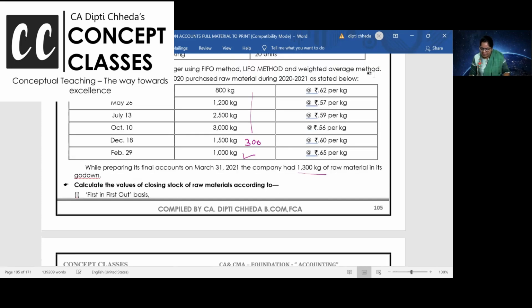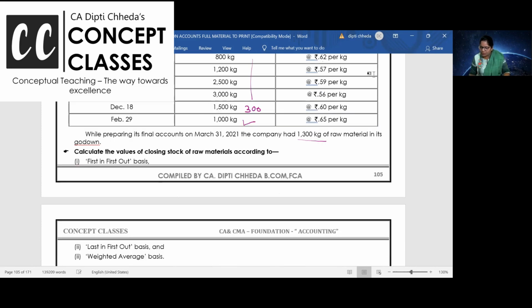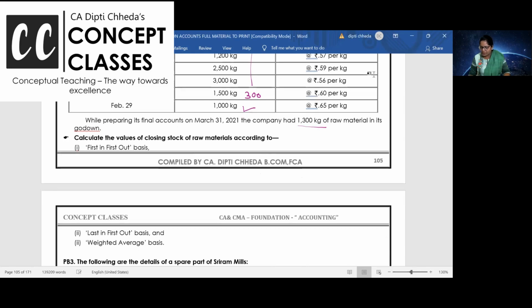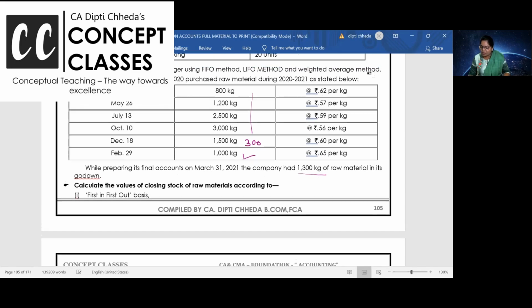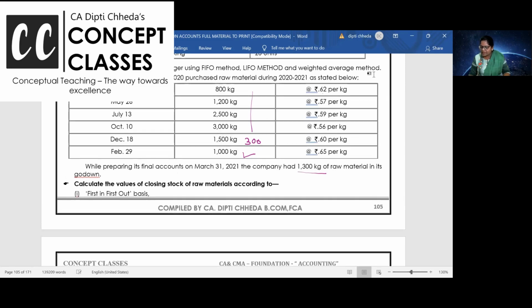Suppose it is the second method, last in, first out. In that case, what will you do? Whatever is the latest stock has gone. So in that case, 1300 kg would be 800 here and 1200.